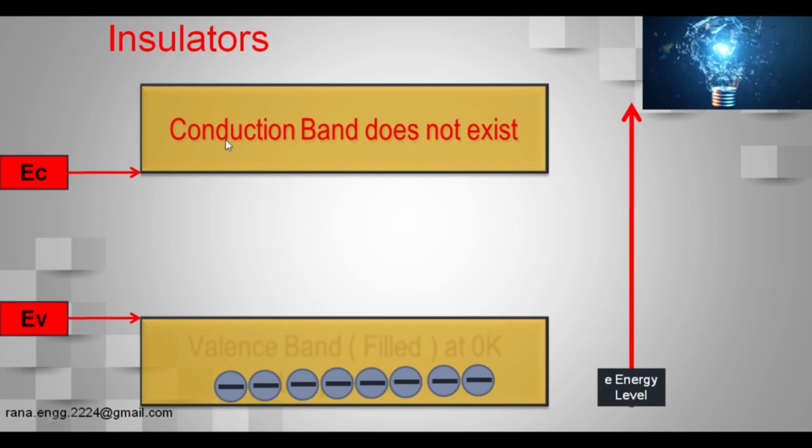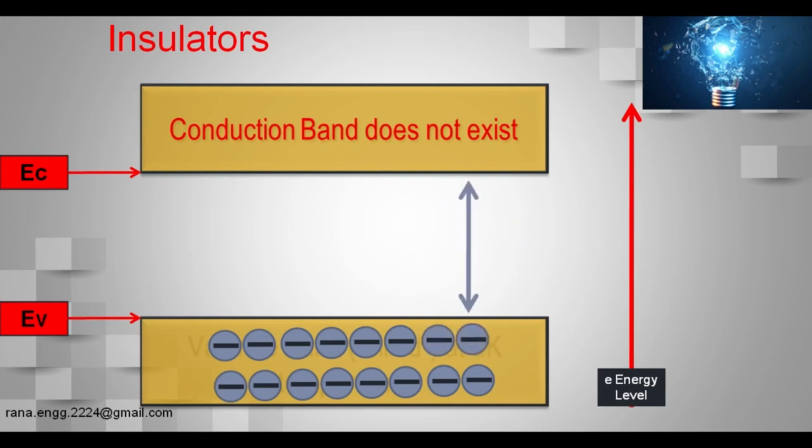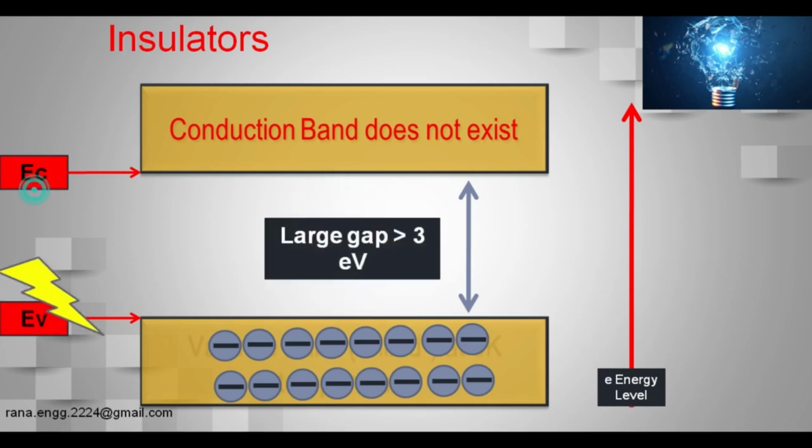Along with that, we have the conduction band, given by EC, the energy level of the conduction band. Now, I have a valence band of an insulator full of electrons. If I apply some kind of force on these electrons, I am still not going to get any electron for movement.